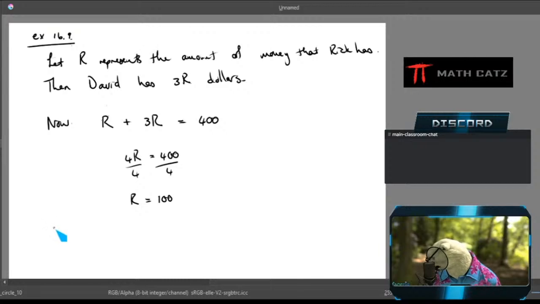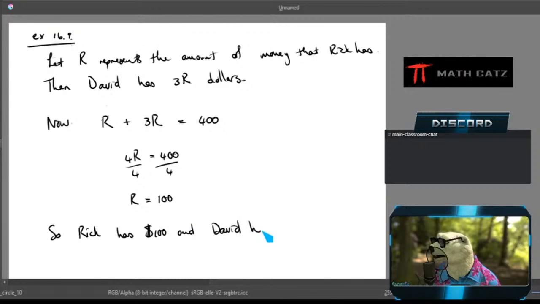So I can say, Rick, I guess first. Rick has R. That's exactly what R represents. Let's go with dollars, $100. And David has $300. And I can do a quick check. Does it add up to 400? Yes, it does. So I'm good to go.